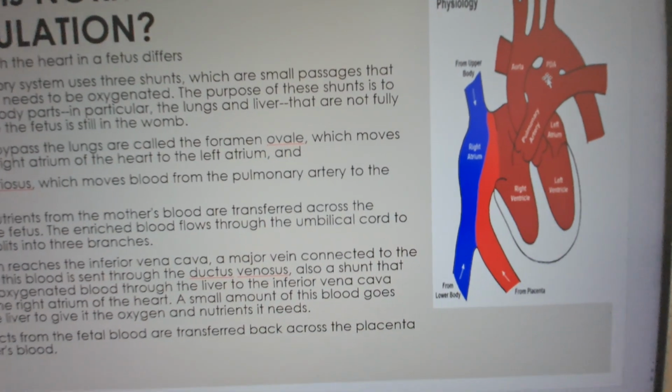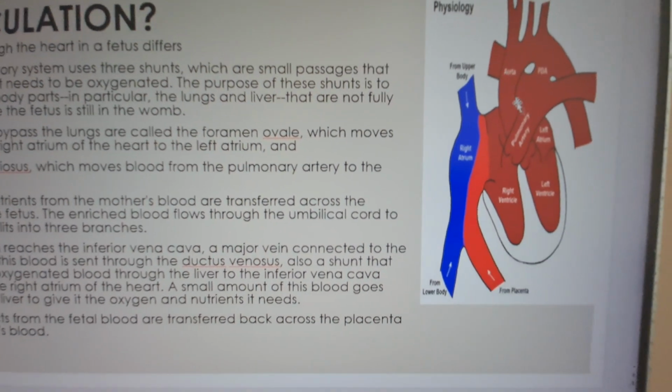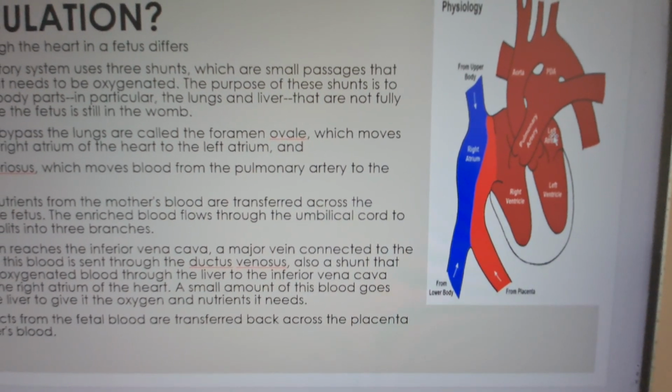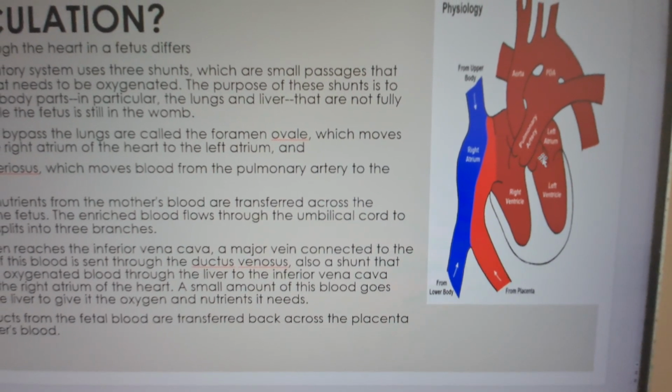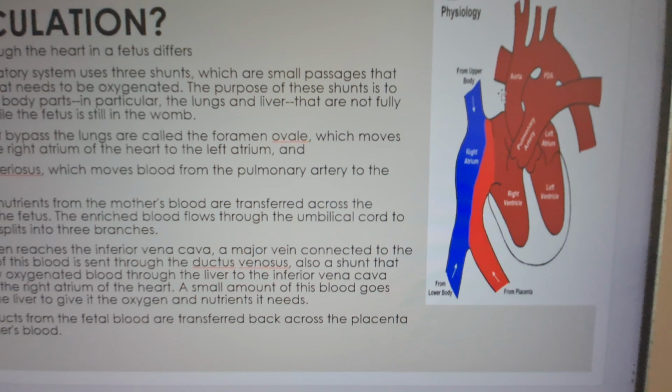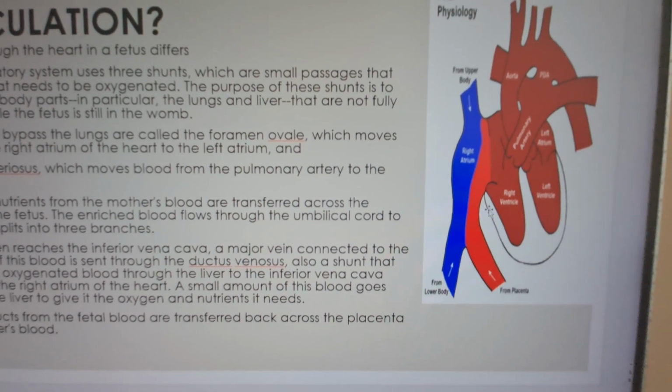This is the patent ductus arteriosus connected to the pulmonary arteries, and this is the aorta, and this is the left atrium of the heart. This is the right atrium of the heart. This is the aorta, the aortic valve, the pulmonary valve. These are the branches of the neck, and this is the left ventricle.